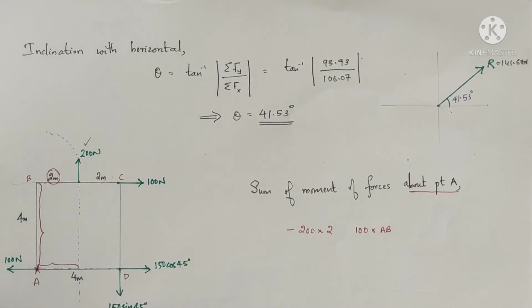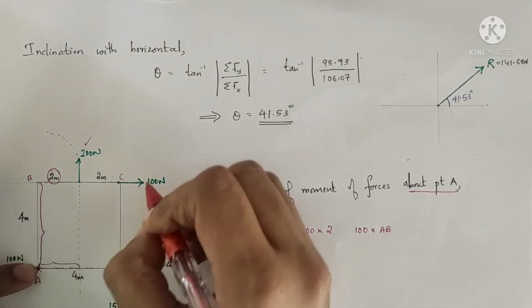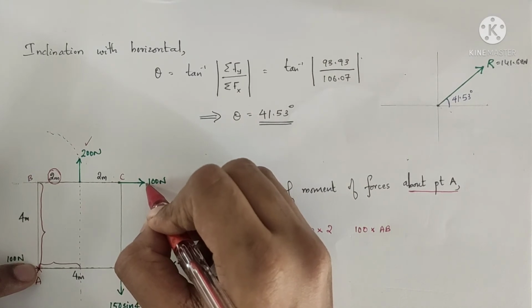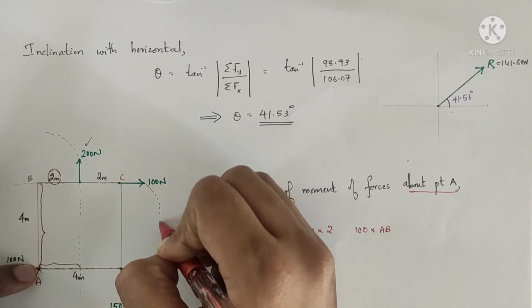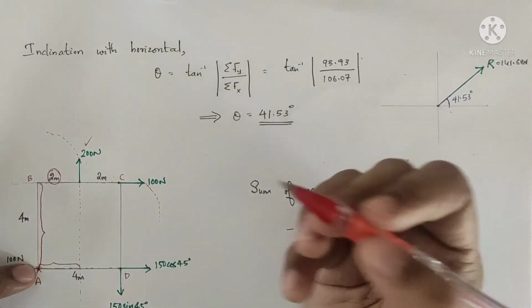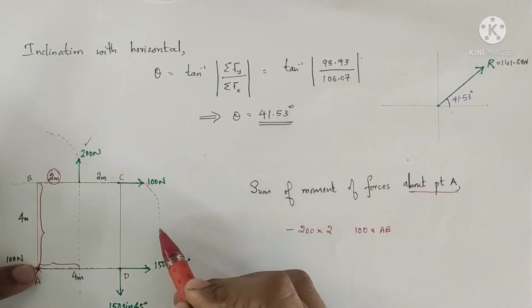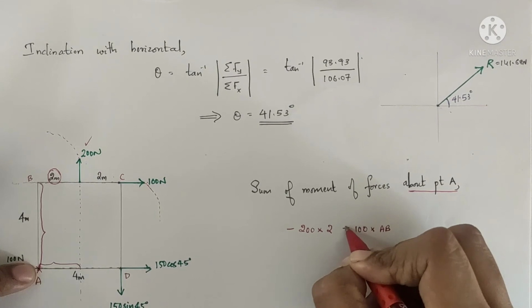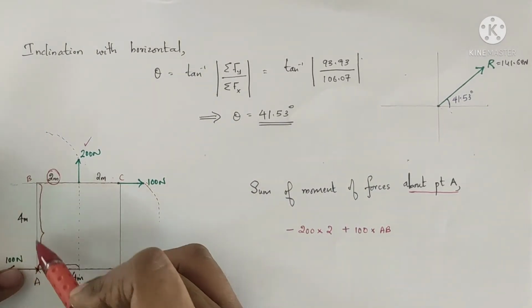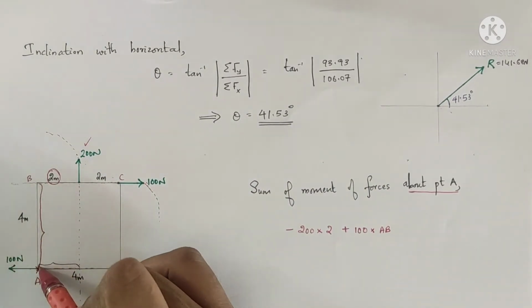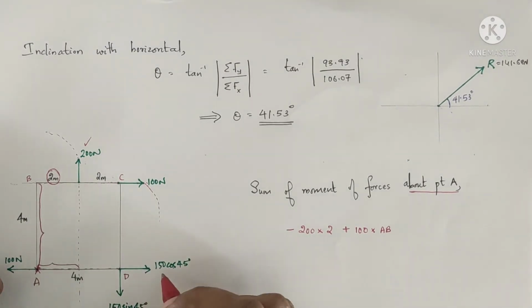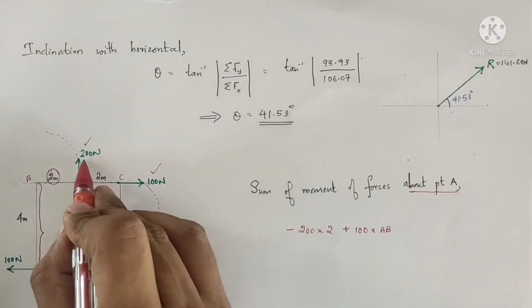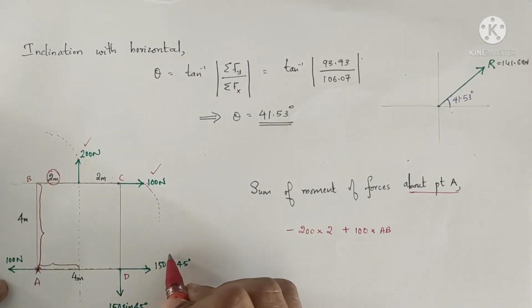So, is it clockwise or anti-clockwise moment with respect to point A? With respect to point A, this 100 Newton is considered. It's moving in the clockwise direction, right? So, that's plus 100 into this distance AB, right?